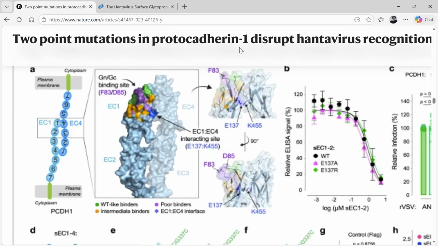And specifically for the hantavirus New World versions, they have a strong affinity towards the Protocadherin-1. Now, with the Old World versions, there needs to be additional research because the Old World hantaviruses are transmitted from some sort of rodent host or bat to a human, but no human to human transmission.